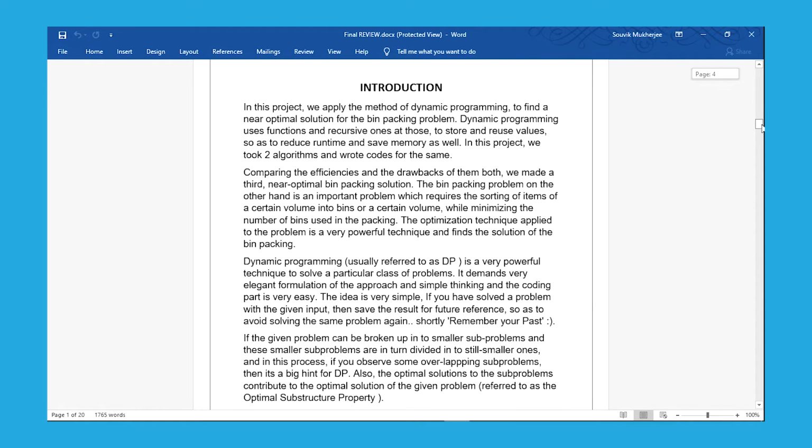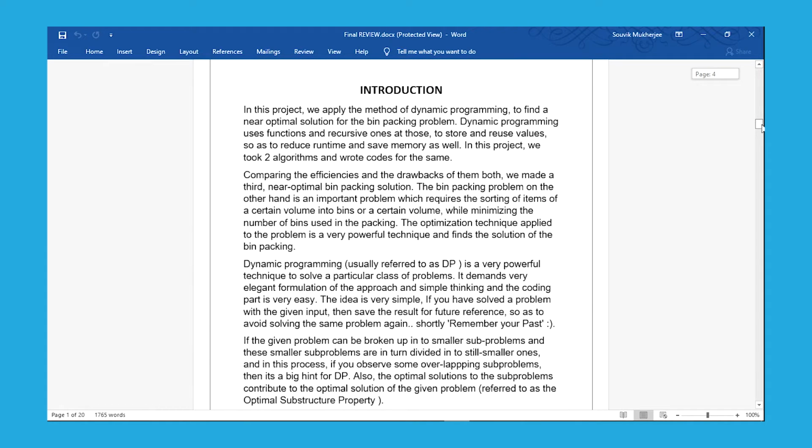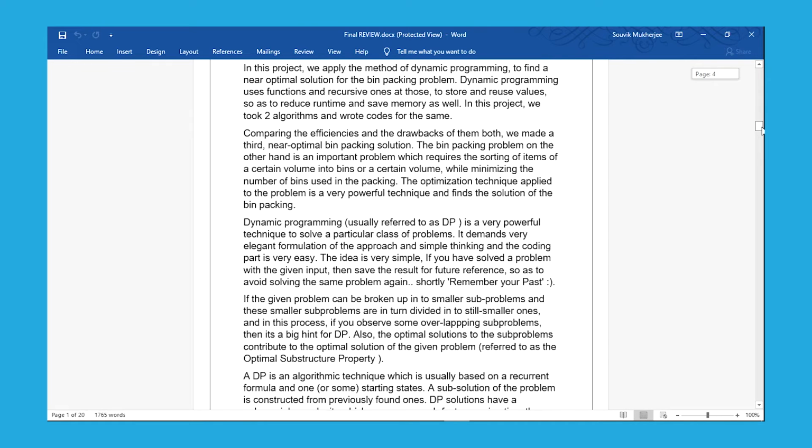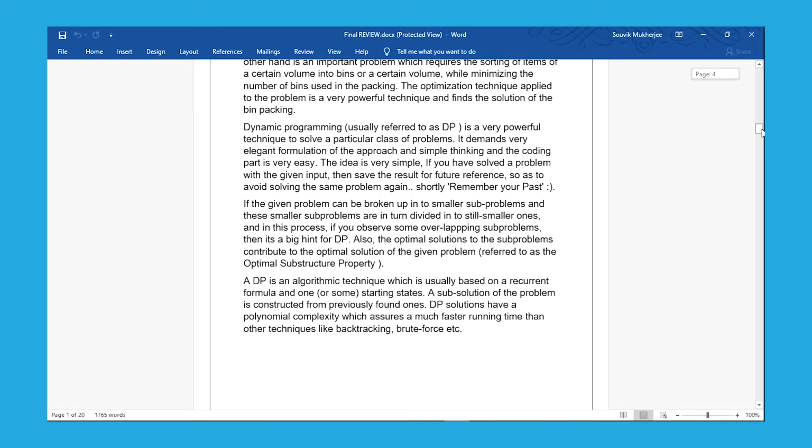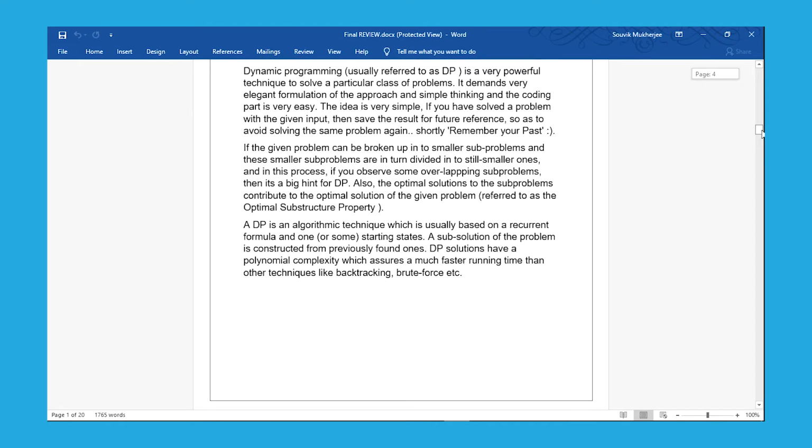The purpose of our project is to create a solution and its implementation to prove the efficiency of using DP to divide a problem into subsequent subproblems and hence apply it in our work.